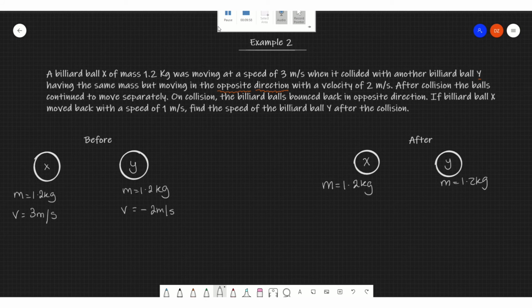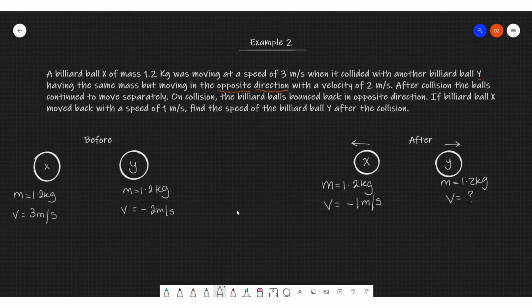Billiard ball X, after collision, bounced back, so it's going in the backward direction with a velocity of 1 meter per second. So that's going to be negative 1 meters per second, while the velocity of billiard ball Y in the forward direction, we have to find that value.